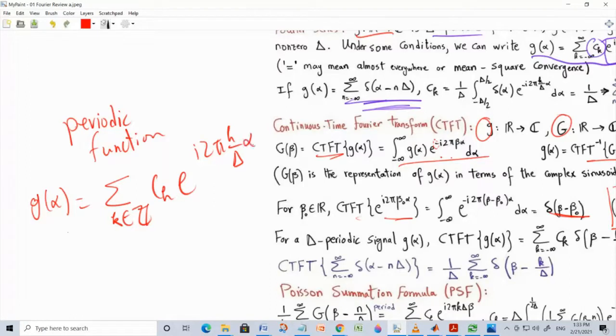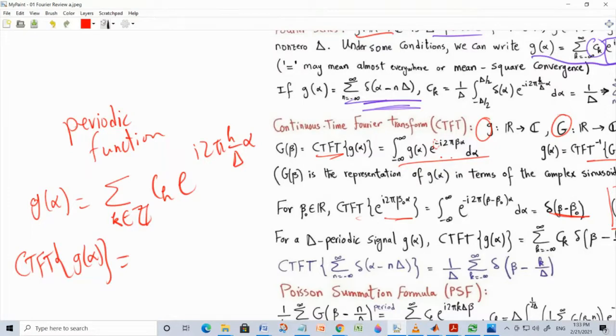What we can do is ask ourselves what is the Fourier transform of a periodic function. You take the CTFT of g of alpha, and you have to take the CTFT of an infinite sum, and the CTFT is an integral, so you have issues of interchanging the order of integration and summation.